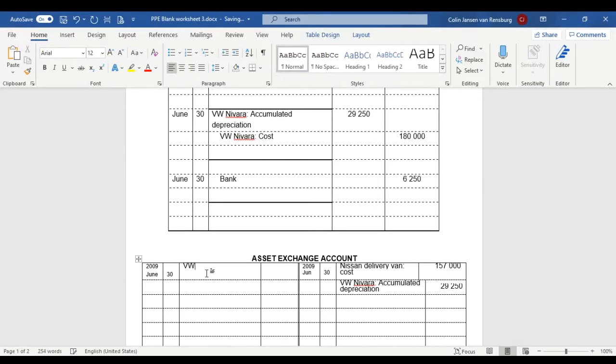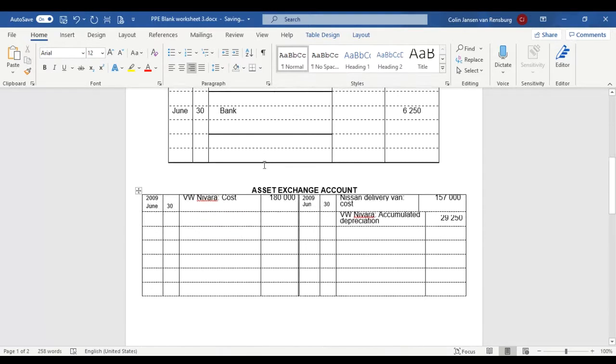So this will be Volkswagen Navara, if you are using Pastel. And what does this account contain? It contains the cost. And what is the cost, the balance on that account that we are writing down to zero? 180,000 rands, right?